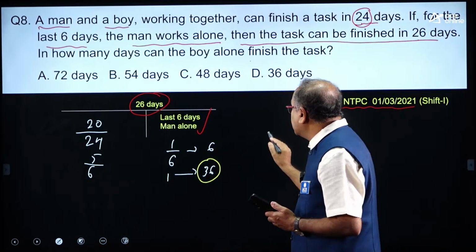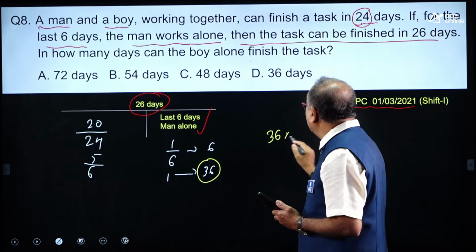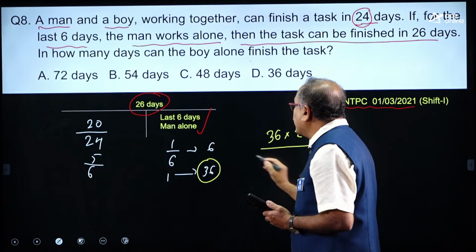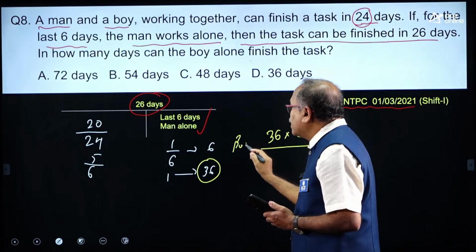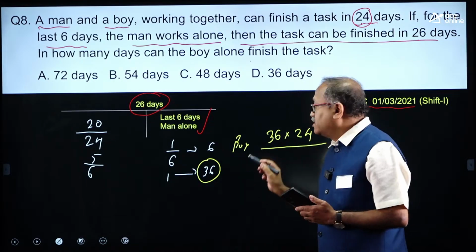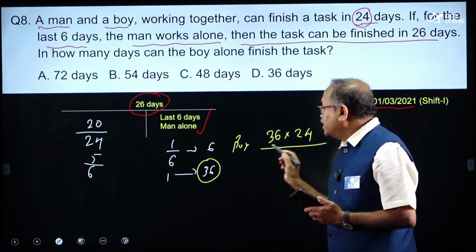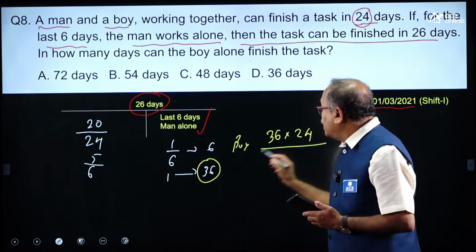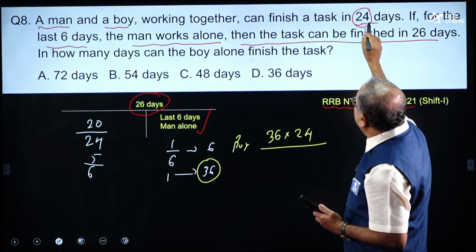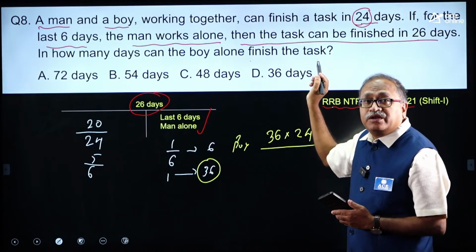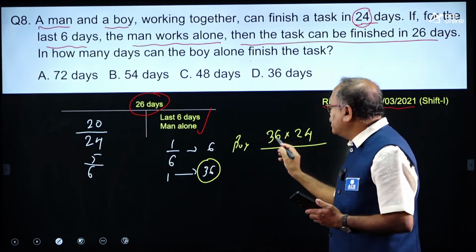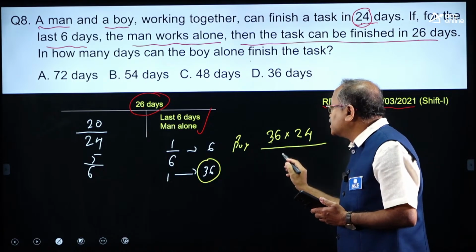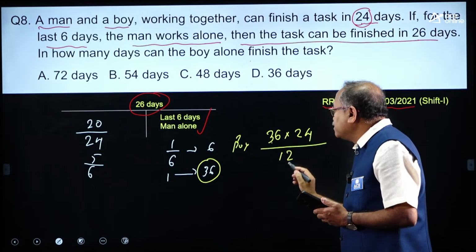That is 36 into 24 by 36 minus 24. Here 36 is the man, and 24 is man and boy together. So the boy alone will be 36 into 24 by 36 minus 24, and that comes to 12.